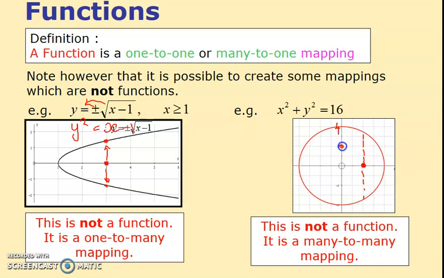And I can take this point, not very well done, that one there goes to there, and this one here goes to there. So we can think of this as many places go to one place as well. So to get around the fact that it goes in both directions, we call it a many-to-many mapping. Again, distinguish in your mind this type and this type are not functions.